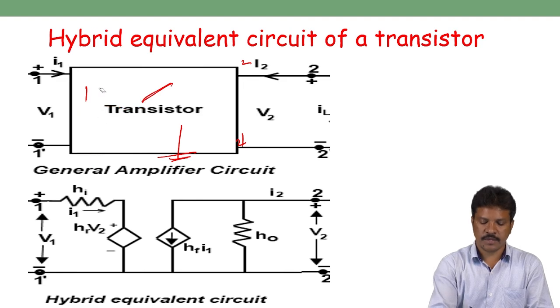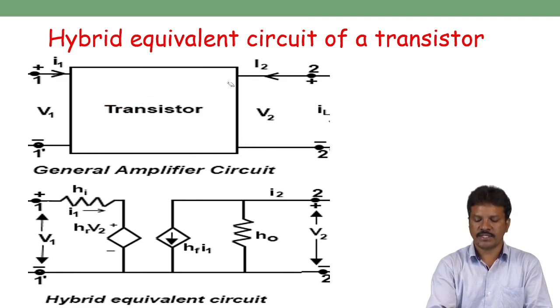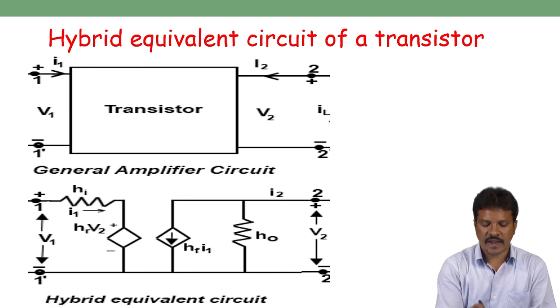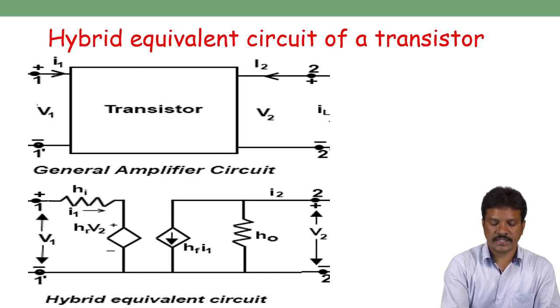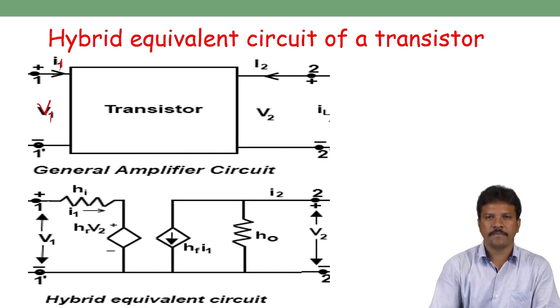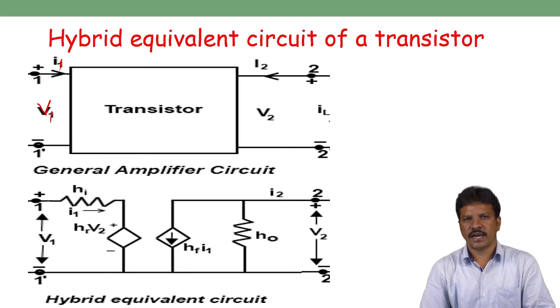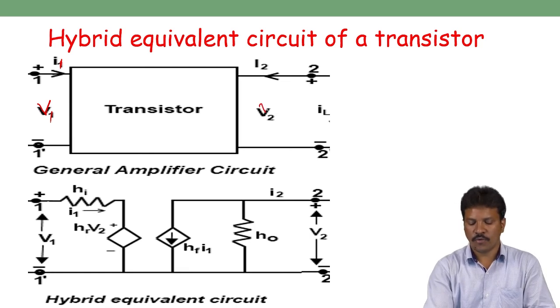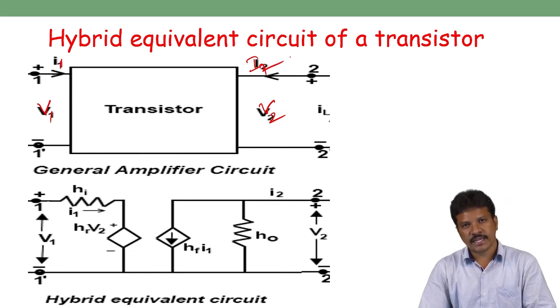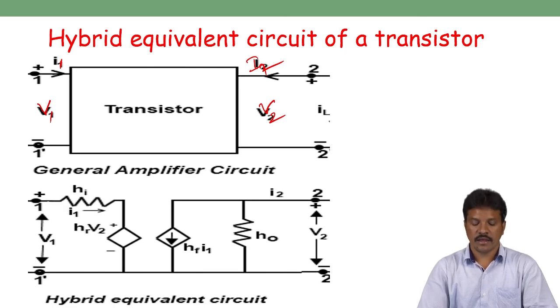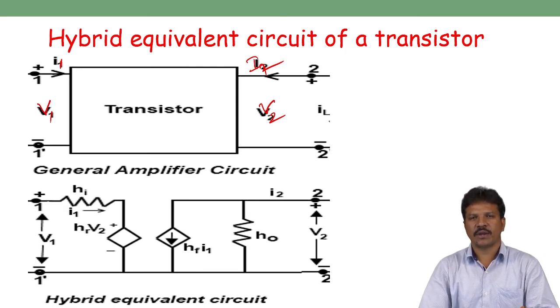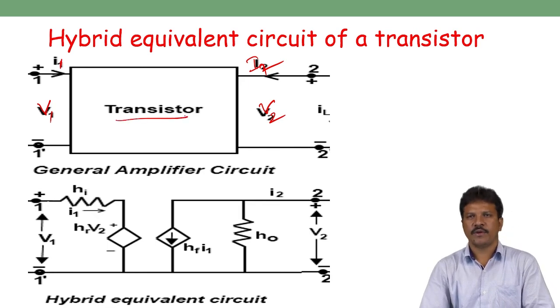Let us take a generalized transistor amplifier circuit, irrespective of whether it is CE, CB, or CC, with input port voltage and current between 1 and 1 dash, and output voltage V2 and output current I2. Considering it a linear transistor element, we have the equivalent circuit for the two-port network.